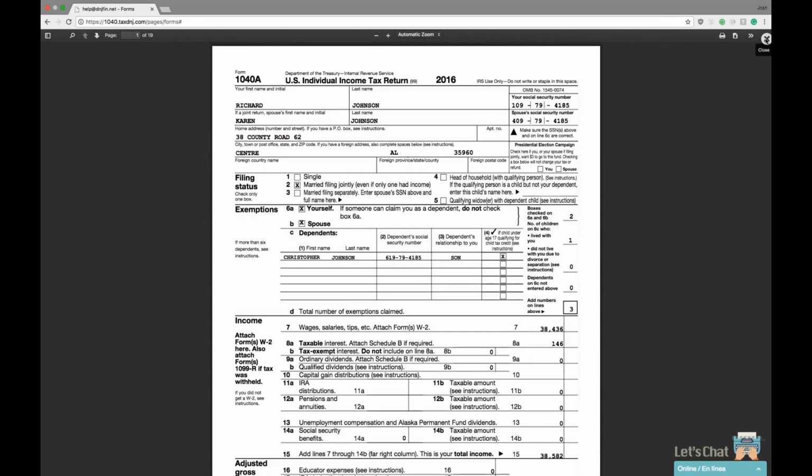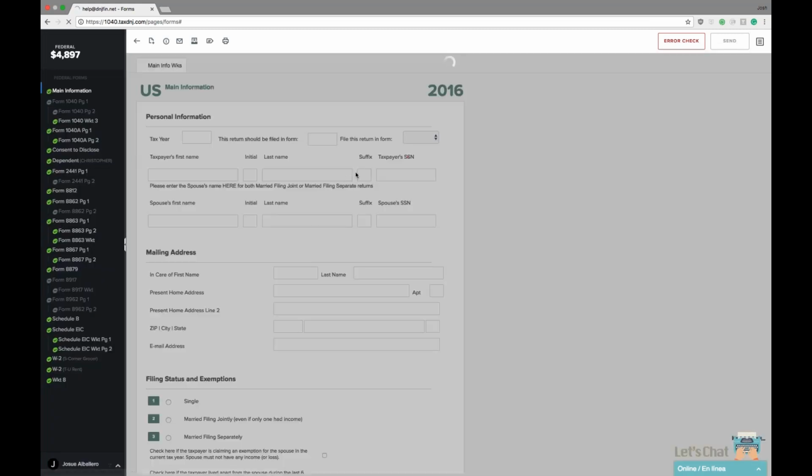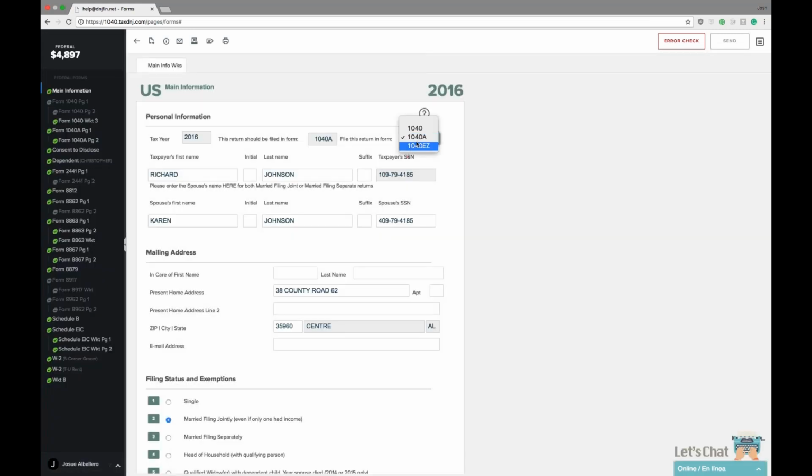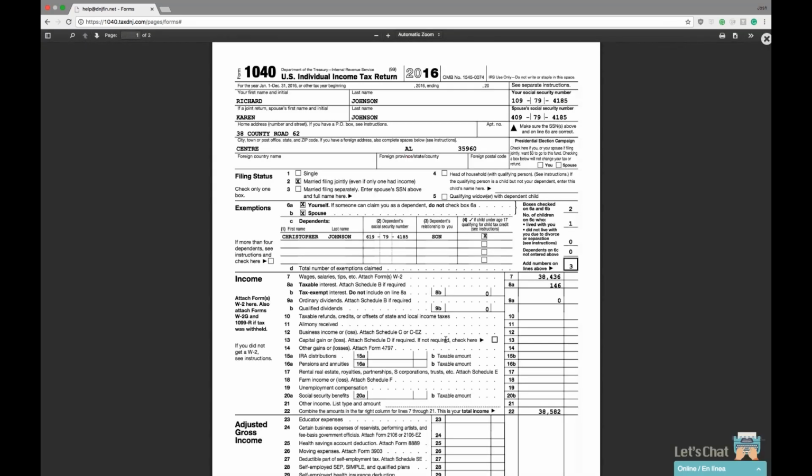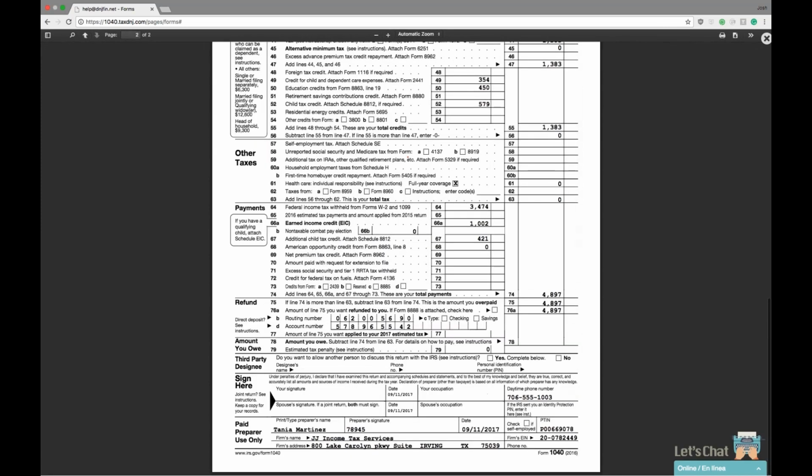So actually, let me go back and change that to a normal 1040, just for the purposes of this example. All right, there we go.